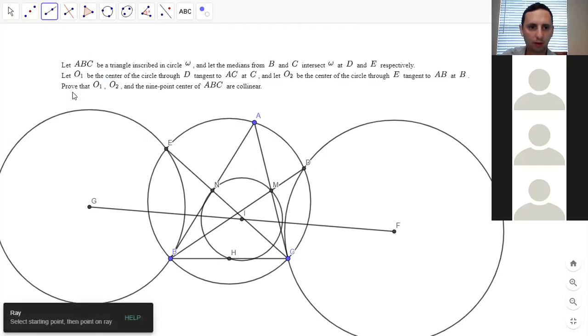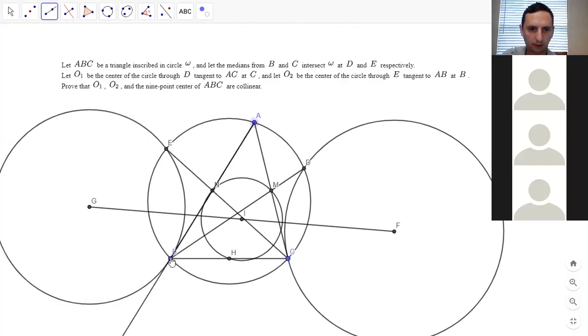Maybe I'll just draw these as rays, just so it's clear that these circles are tangent.